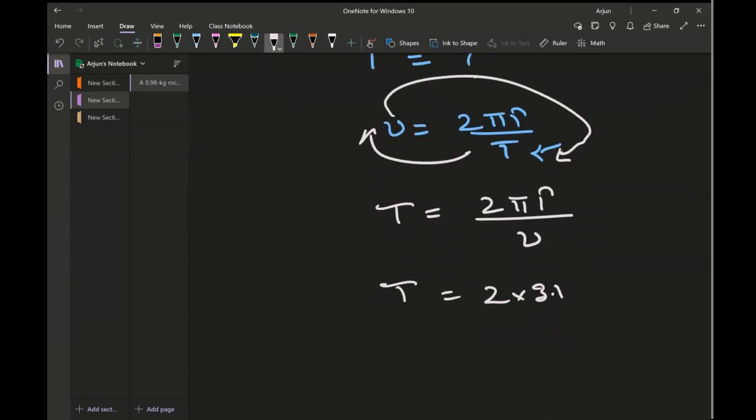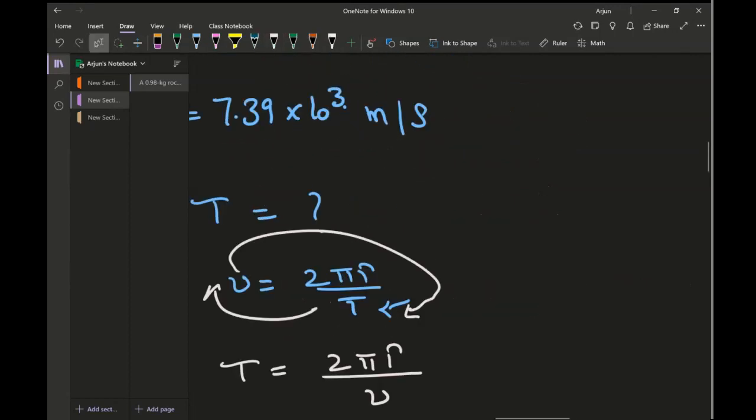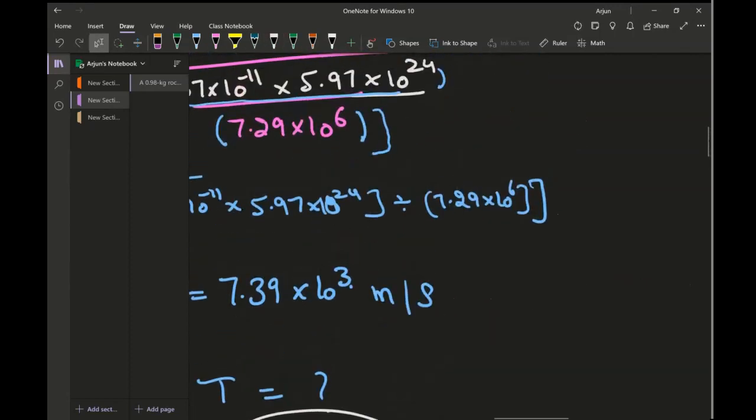2 times 3.14 multiply by the radius, not the radius, the distance we will consider. So the distance was 7.29 times 10 raised to the power 6. I'm going to verify it one more time from what we've previously written.